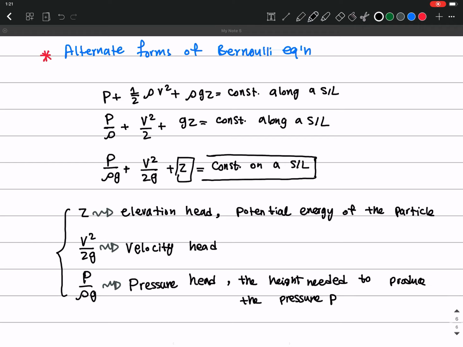You have potential energy, similar to that the kinetic energy, and also the pressure head. So pressure head, elevation head, and velocity head, right? The sum of those quantities is constant along a streamline in a fluid flow, okay?